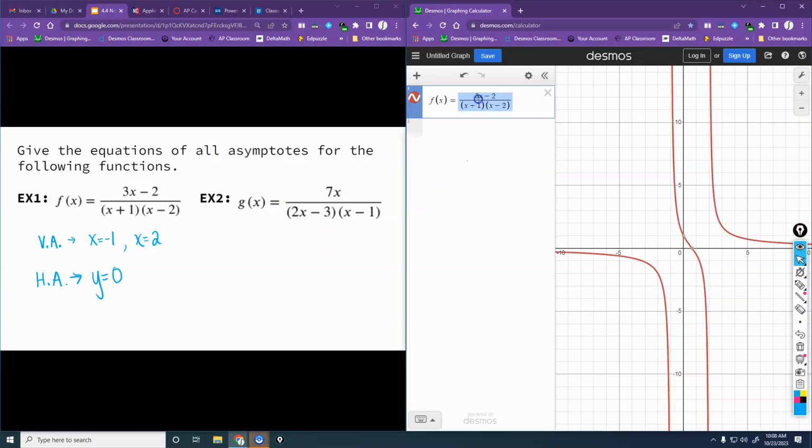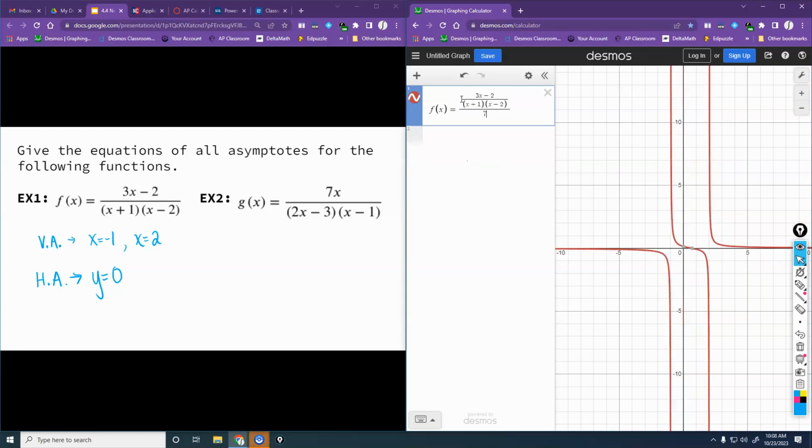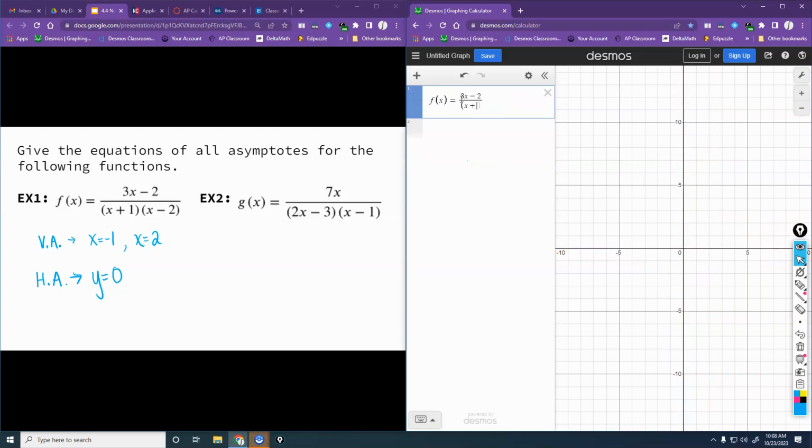All right, let's go to the second one here. Let's type that in. We got 7x over (2x minus 3)(x minus 1).